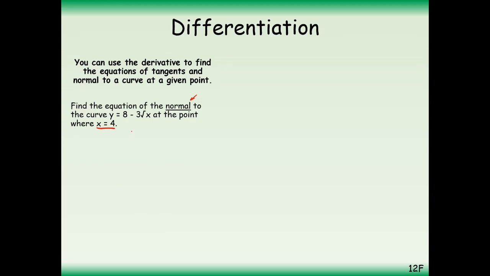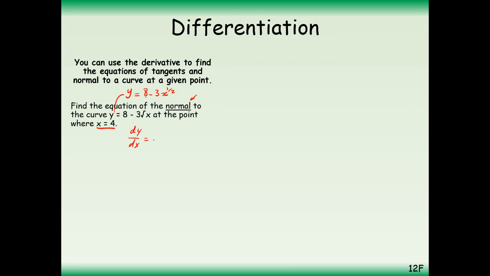So first of all, we need to figure out the gradient function. So we write dy by dx. There's nothing wrong with writing f dash of x, but since we got y. So first of all, it might be better to rewrite that with the power of x explicitly written as a half first, so that we don't make any errors.